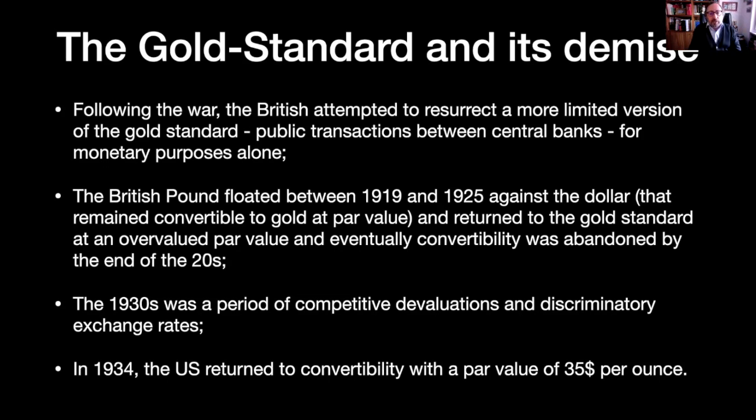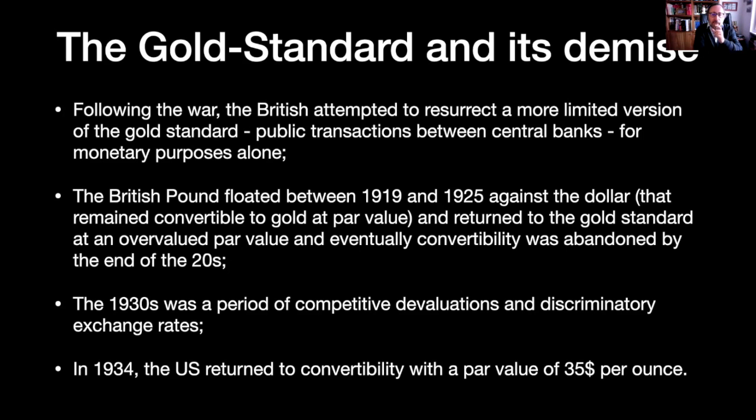The problem was that between 1919 and 1925, because the United Kingdom had a huge war debt, the pound floated against the dollar, and the dollar was the only currency that was still convertible to gold at a fixed value, a par value.